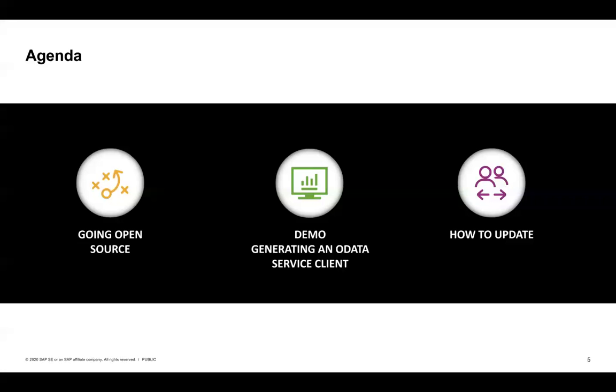We'll have a look at how I can start with an OData service and actually have some code that invokes this service. And last but not least, I'll try to explain how to move to the latest Cloud SDK version if you already have a JavaScript project that uses the SAP Cloud SDK. Obviously, you need to change something in order to continue consuming our latest version.